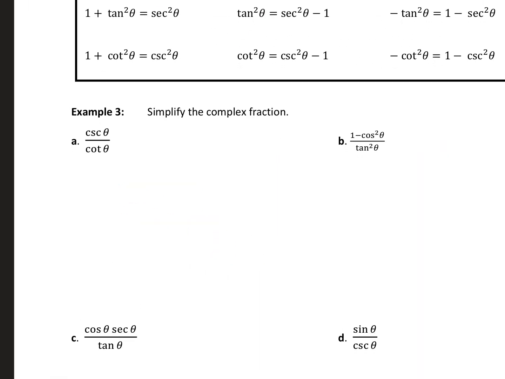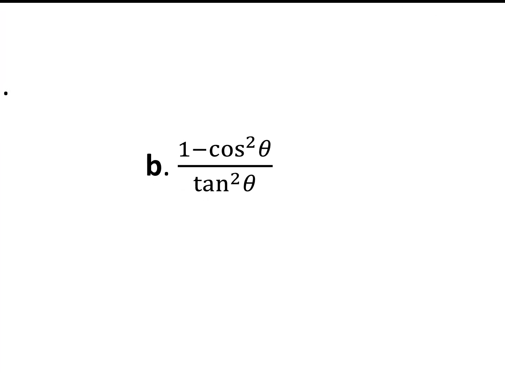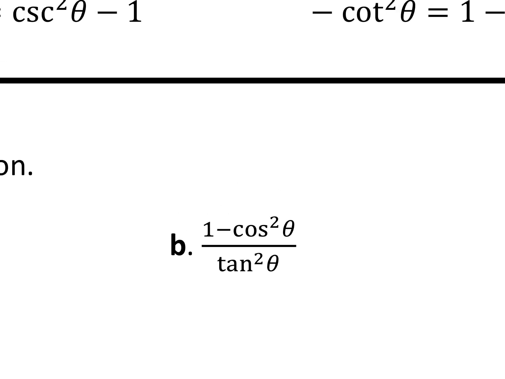We're not going to do all of these because they get to be a little redundant. What about here? As soon as I see a trig function that is squared and it's attached to a plus or minus, what do we think? Pythagorean, okay? The first one, sine squared plus cosine squared equals 1.